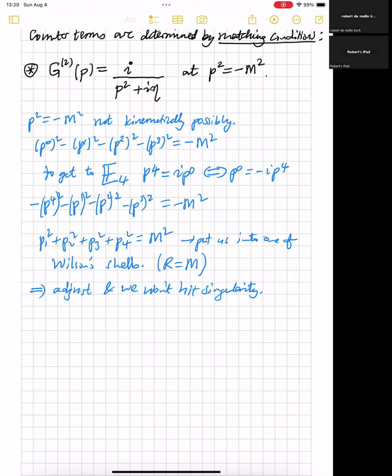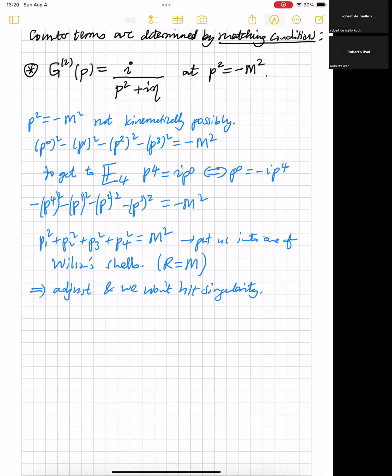So here, there are no physical states that are kinematically possible, so we're not going to hit a singularity. So I can freely adjust m, and everything's going to be perfectly well defined. And that's exactly what I want.